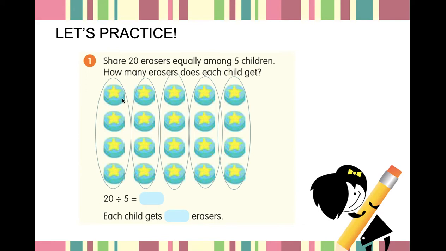You can see everybody got equal because division is dividing equally. So 1, 2, 3, 4, 1, 2, 3, 4, 1, 2, 3, 4. So every child is getting 4 erasers. Then we will say 20 divided by 5 equals, well done, 4. So each child gets 4 erasers. Okay?